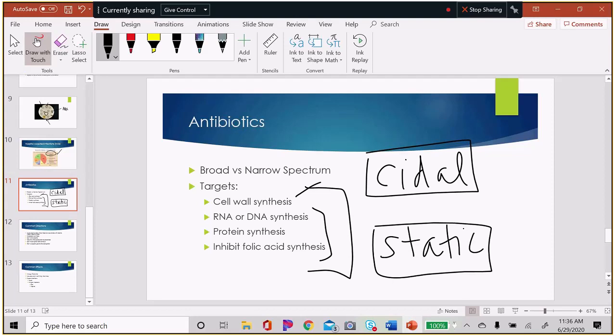So when we organize the antibiotics, the overall therapeutic class is ridding the body of bacteria. Pharmacologic class will be these four different targets: cell wall synthesis disruption, RNA DNA synthesis disruption, protein synthesis disruption, and inhibiting folic acid synthesis, which is important for DNA synthesis.